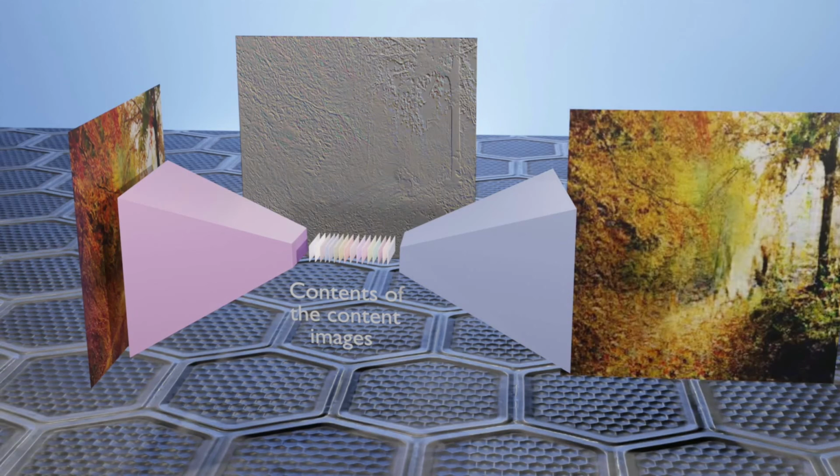Just to recap, our generator is made up of two parts, encoder and decoder. The pink one is the encoder and the blue is the decoder. The encoder's job is to preserve the contents of the content image so that the stylized output looks like the input picture, but not preserve all the contents of the content image. We only need to preserve the contents of the content image which are important to our style.